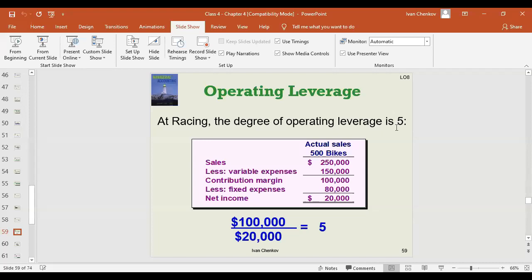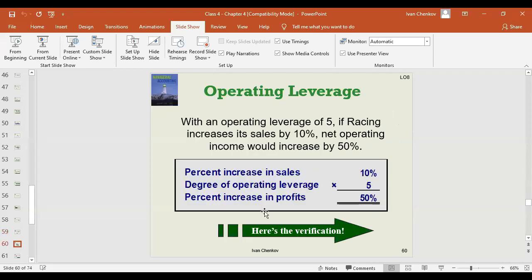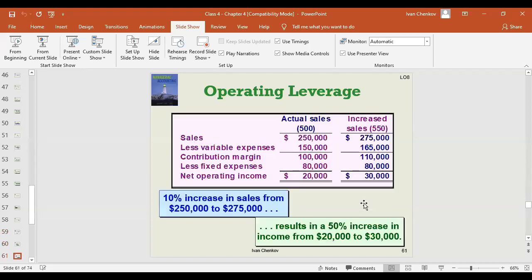Let's see if that's actually true. If we increase sales by 10%, our operating income should increase by 50%. So what's happened with the sales here? We're selling 500 bikes. Now we're selling 550. How much did we increase the sales? 50 more bikes, 50 units.